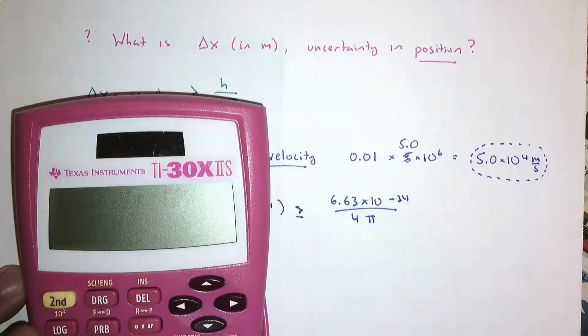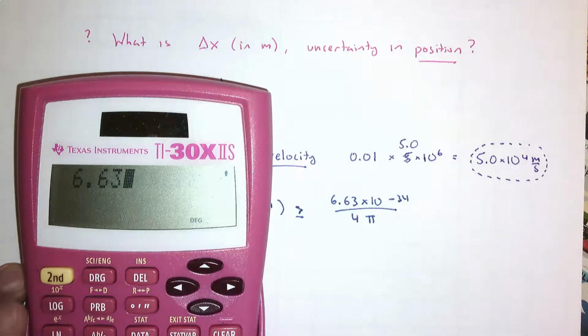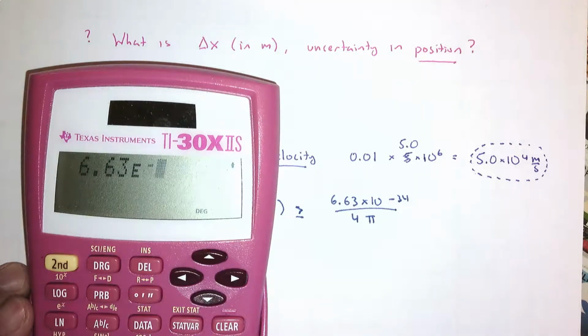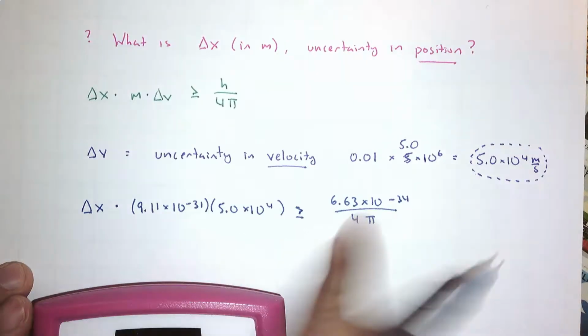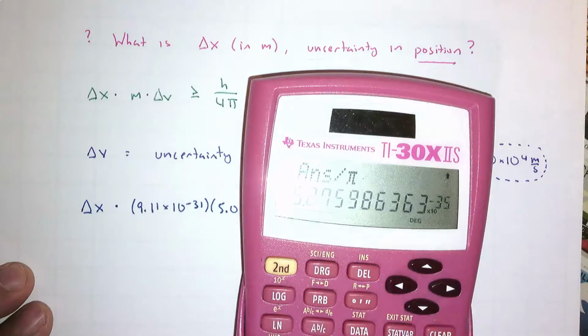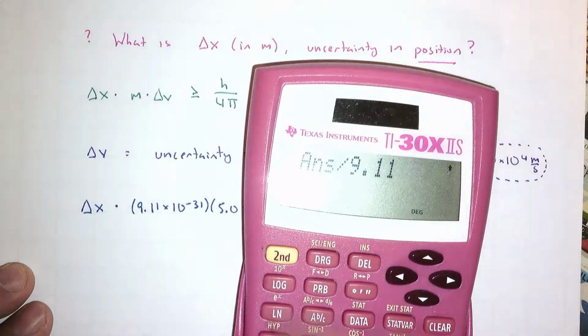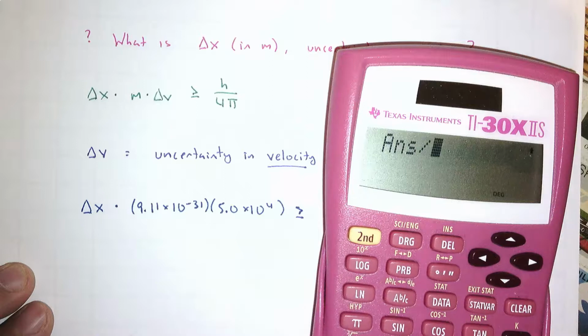Let's do this together. 6.63 times 10 to the negative 34 divided by 4 divided by pi. Bring these terms over. So we're going to divide by 9.11 times 10 to the negative 31. And again, divide by 5 times 10 to the 4.